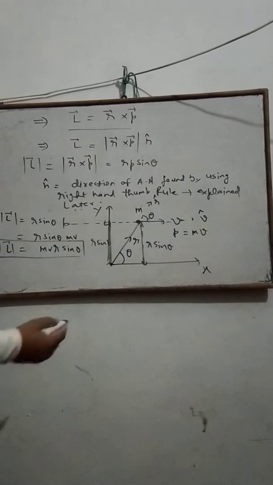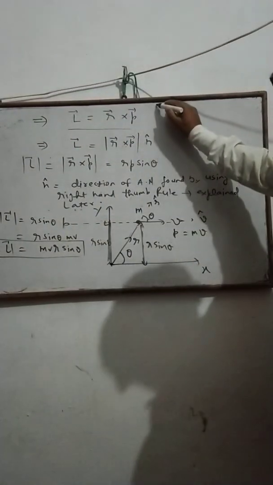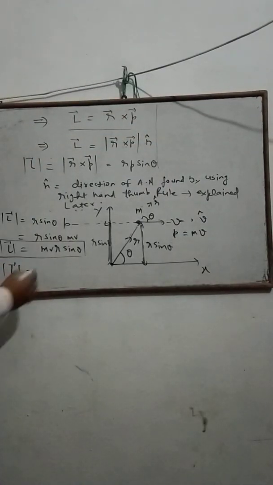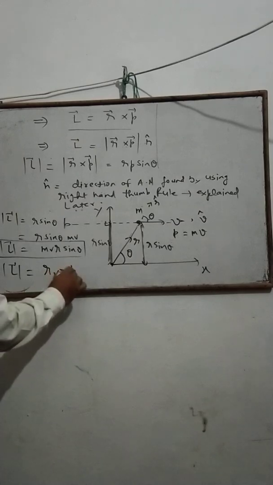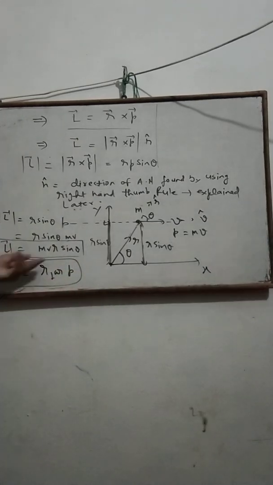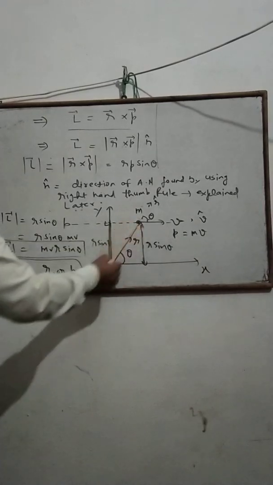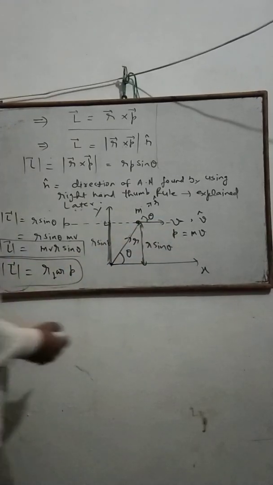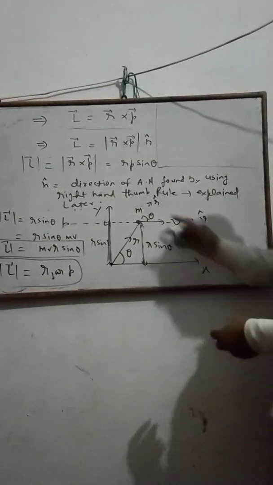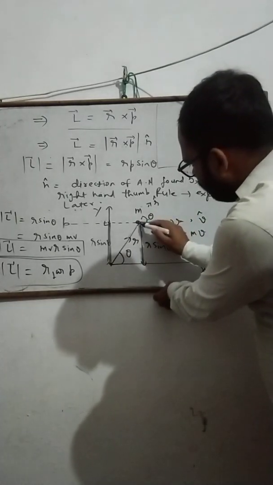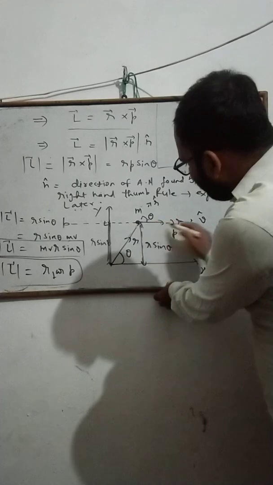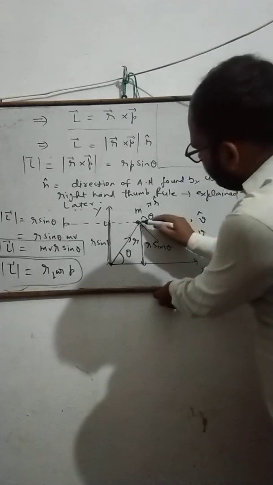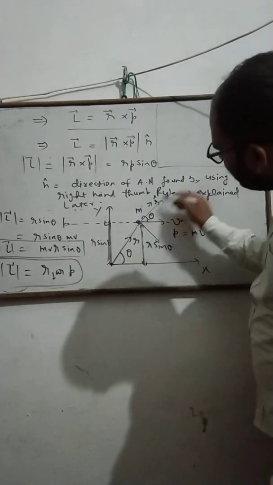In another way, you can write mod L equals r perpendicular into p, the perpendicular component of position vector r times linear momentum. Now, in the other way, break linear momentum into two components, one perpendicular to r and one in the direction of r.